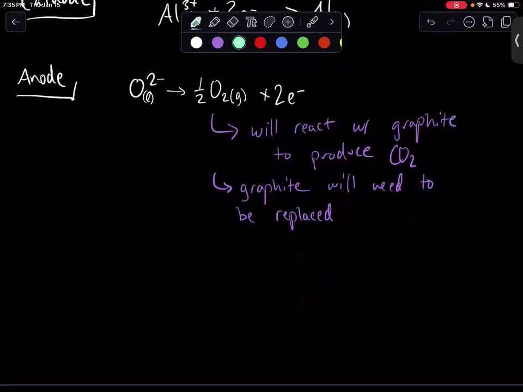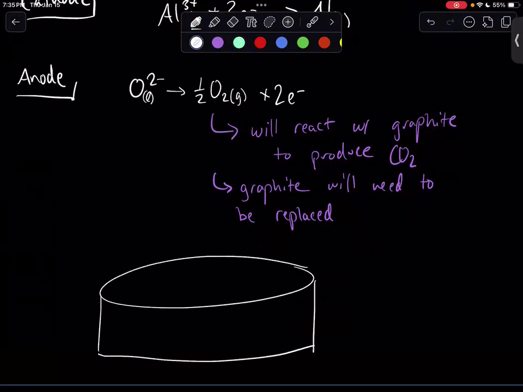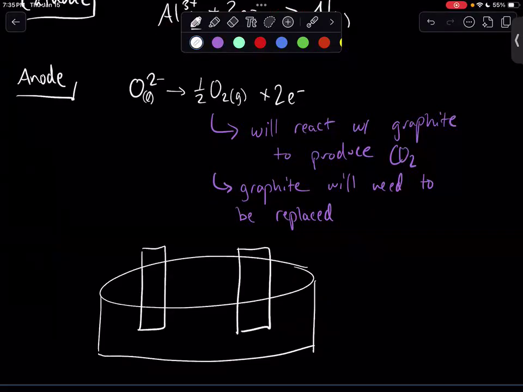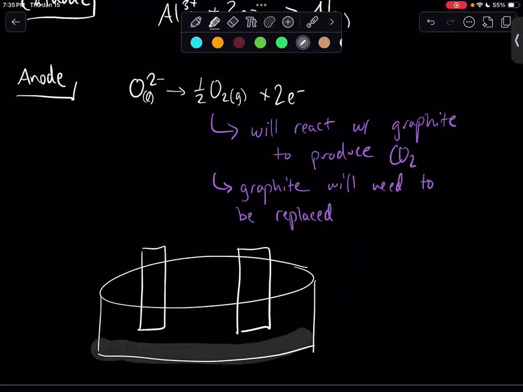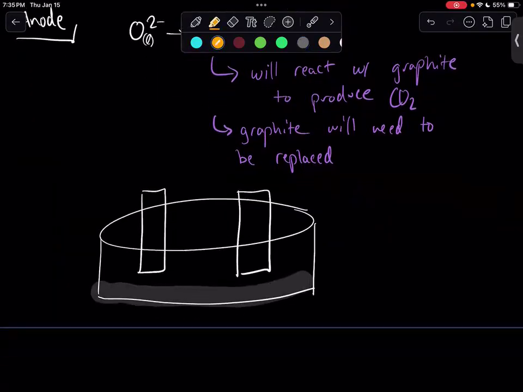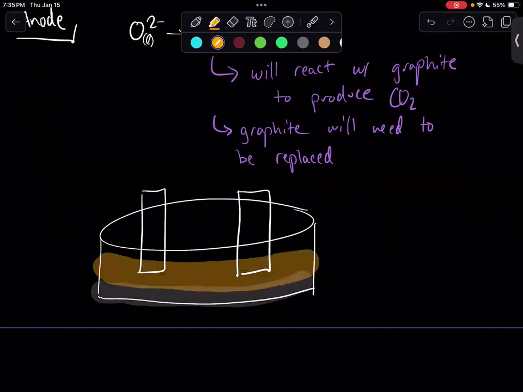So the last thing we're going to do here is just draw an example of our redox reaction. In our electrochemical cell here, we will have sitting at the bottom a layer of aluminum that just stays and forms. And above that, we're going to have our molten aluminum oxide.